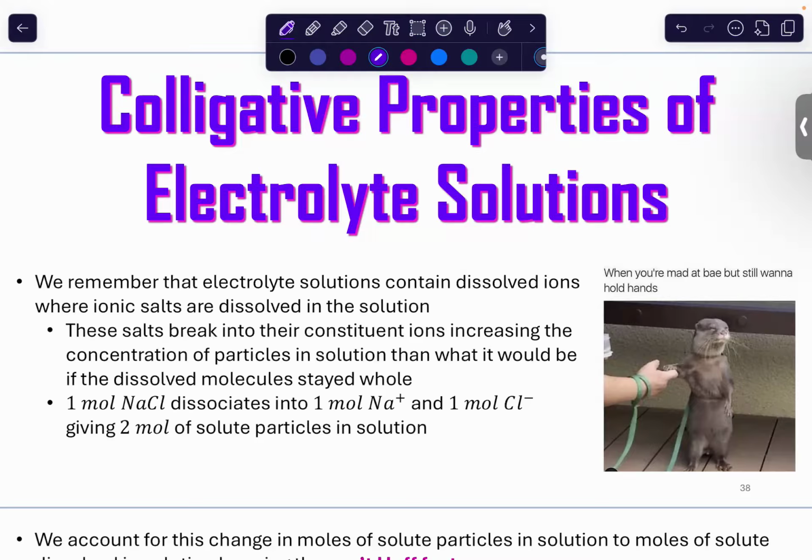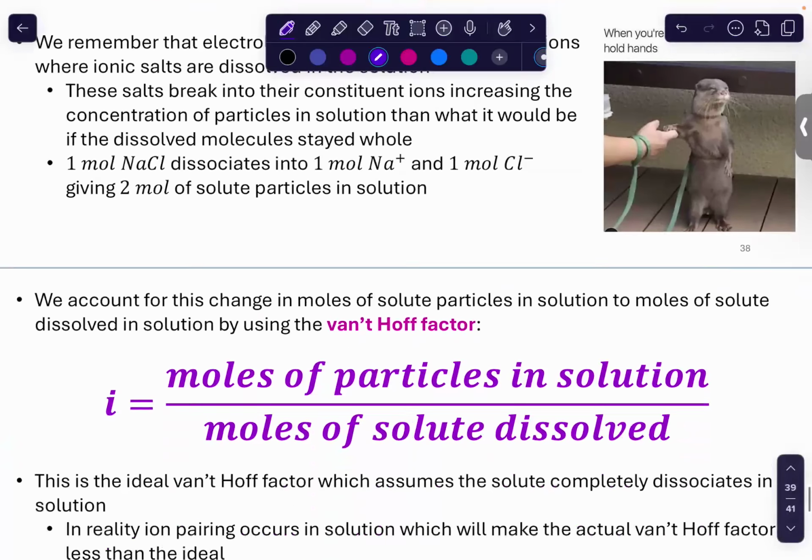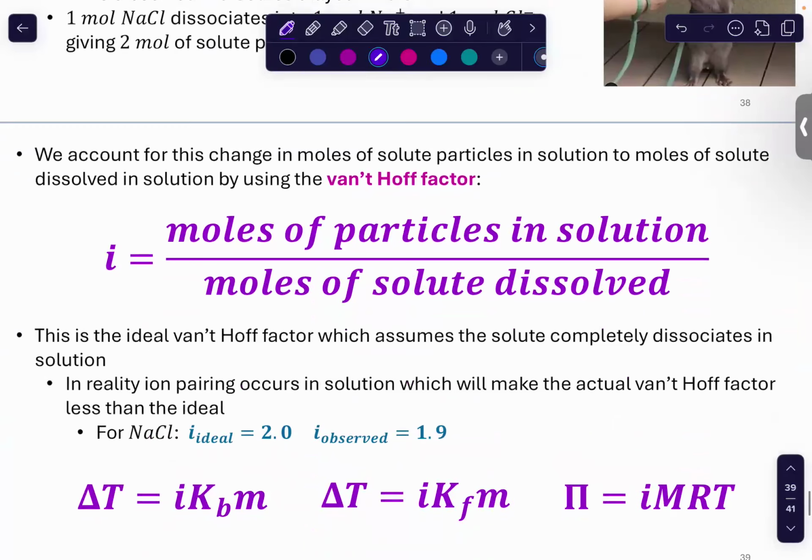For example, 1 mole of your sodium chloride dissolves into 2 moles of ions. Now, we can account for the dissolving of these crystals by using what's called the van 't Hoff factor. That's going to be the moles of particles in solution over moles of solute dissolved.